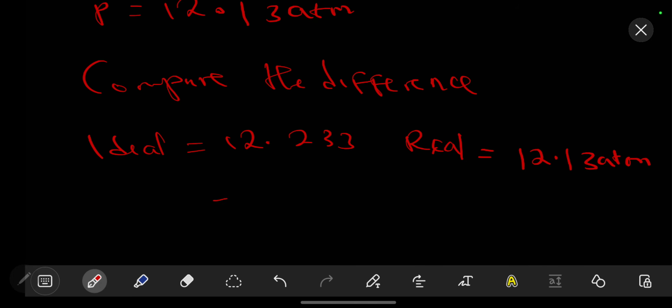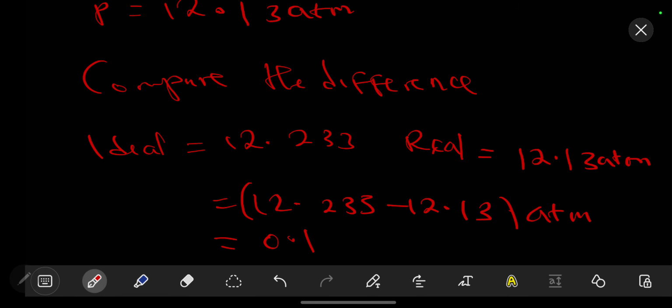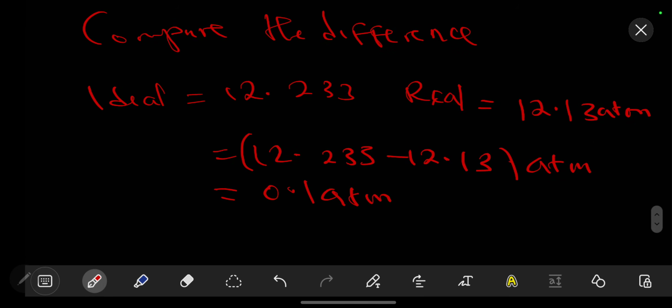The difference of 12.233 minus 12.13, in atmospheres, gives a difference of 0.1.